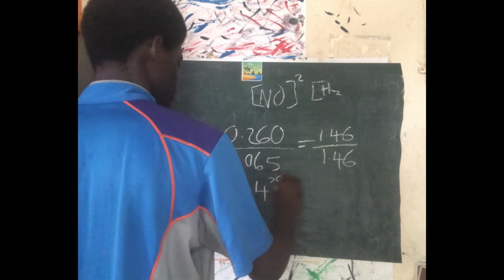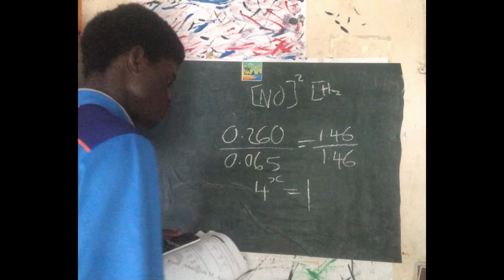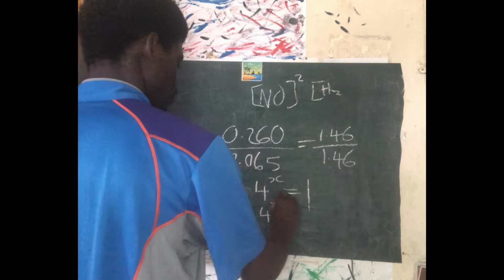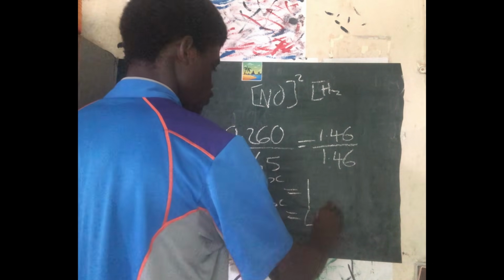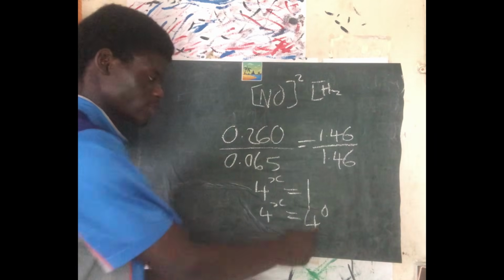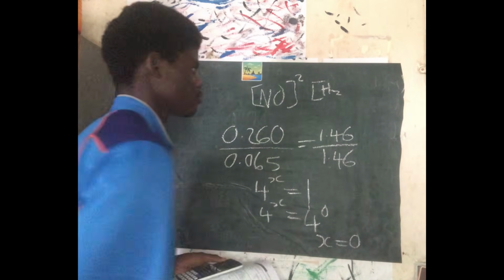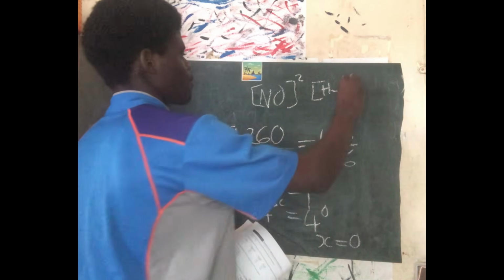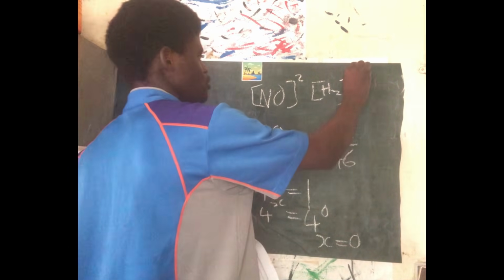That's 4 raised to power x is equal to 1.46 divided by 1.46, which is 1. From our law of indices, anything raised to power 0 is 1, so this is 4 raised to power 0. That means x is equal to 0, which shows that the order of reaction of H2 is zero order.